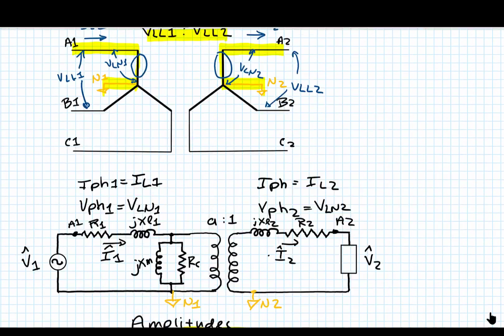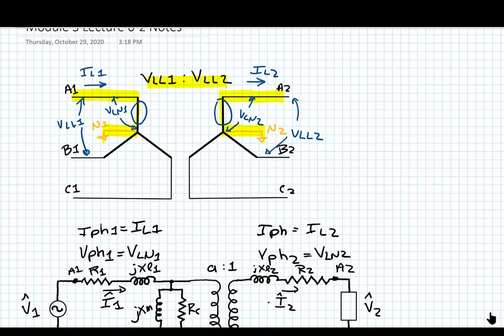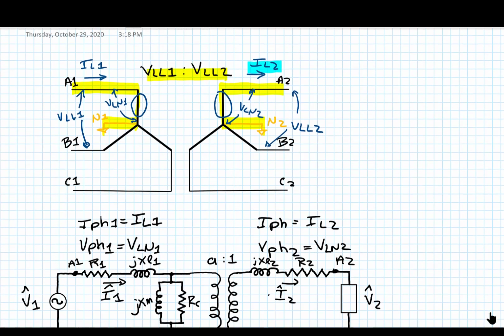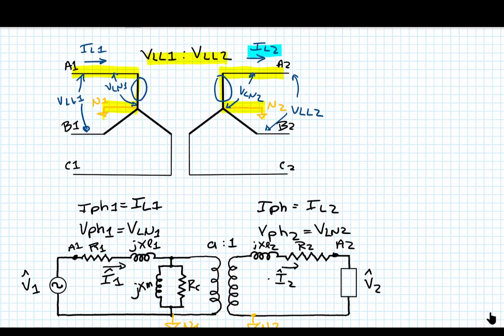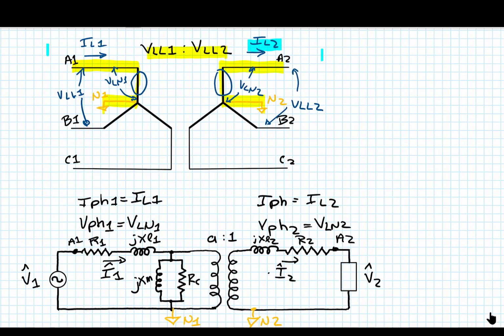That is the line current IL2 that's going out to the load. Notice I'm not showing sources and loads here, but I'm talking about connecting a source to this side and a load to this side.